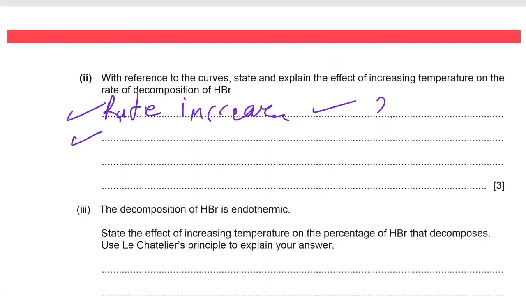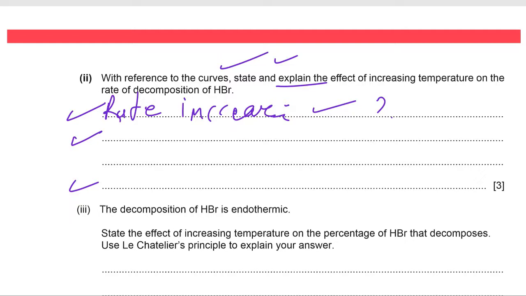So I have explained the effect of increasing temperature on the decomposition curve. The rate of the decomposition will increase. So we have talked about the rate, and we have stated and explained that. Sorry, in the explanation, you need to say the number of successful collisions. It will be higher at the higher temperature, and more than the successful collisions at lower temperature.